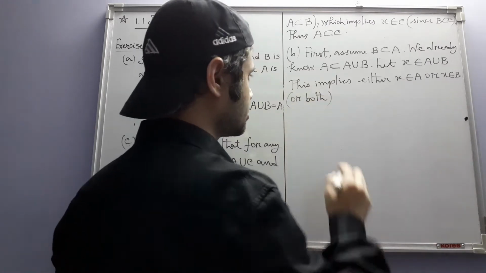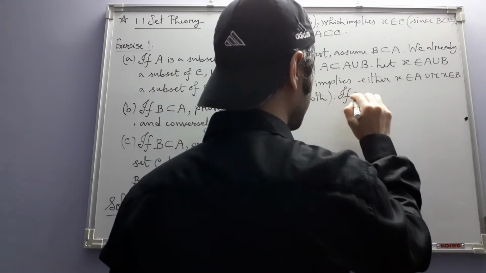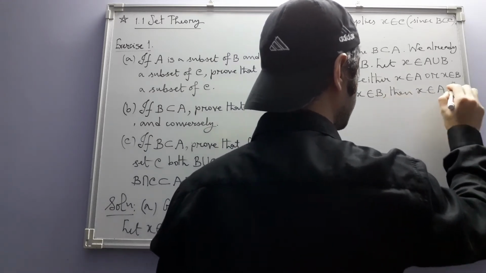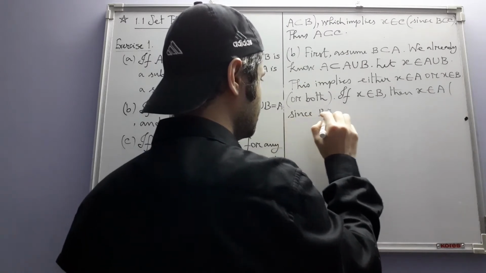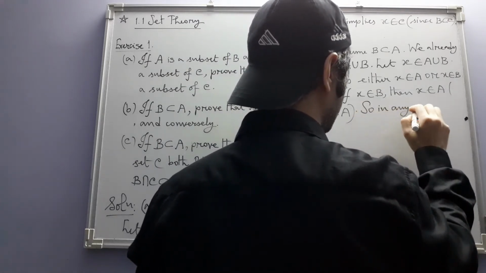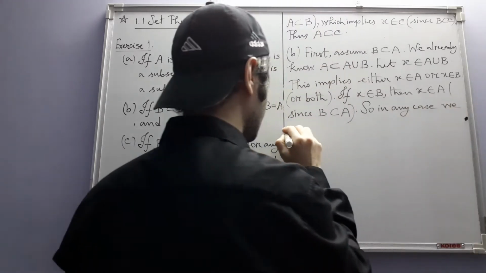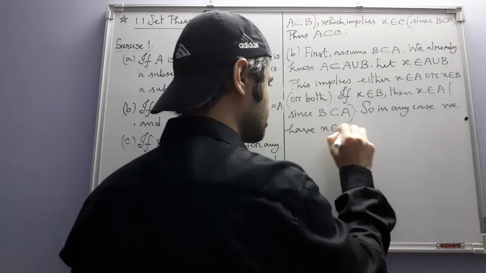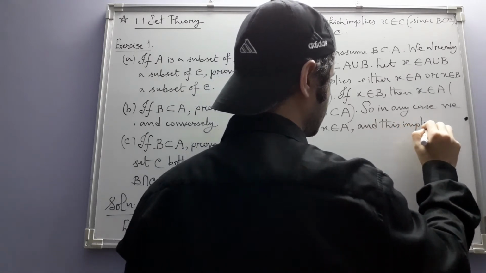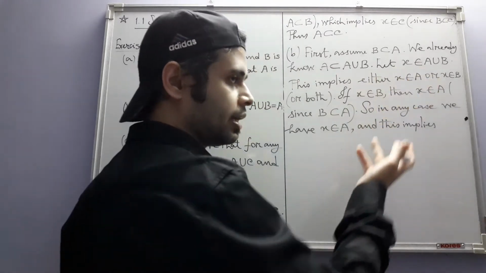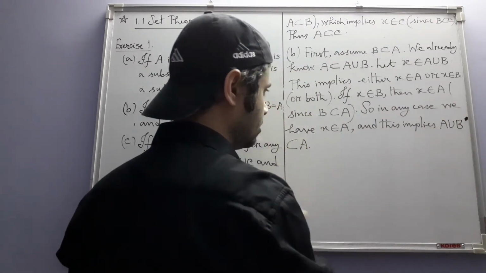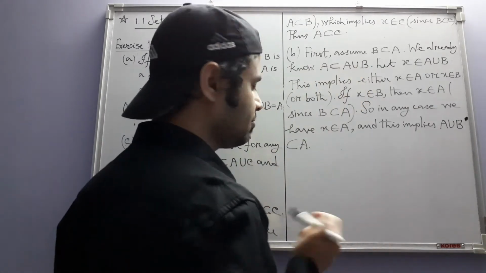Let us also write this in brackets. If x belongs to B, then x belongs to A, since B is a subset of A. So in any case, we have x belongs to A, and this implies that, see, x was any element in A union B, now that is in A. So A union B is a subset of A. Combine this containment with this containment to have equality.